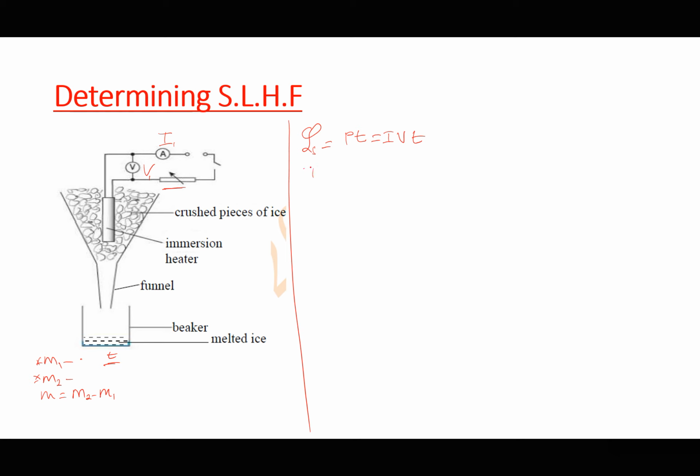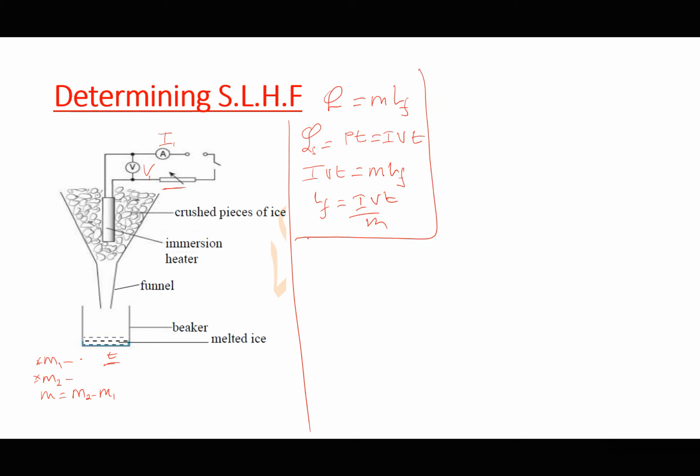So for no heat loss to the surrounding, IVt is equal to the mass of the melted ice times the latent heat of fusion, because for melting, Q is equal to mass times latent heat of fusion. So I can find the latent heat of fusion as IVt divided by the mass.